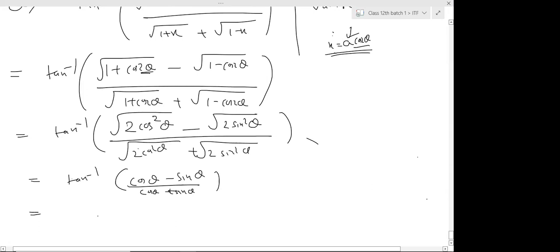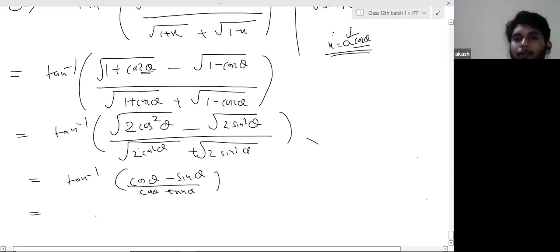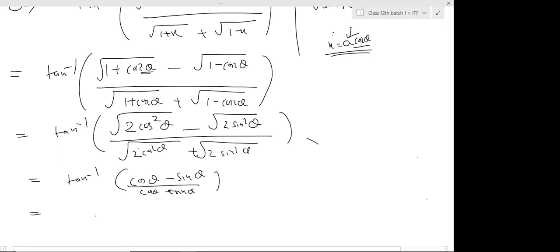Sir, I don't know. I just told you in the previous question also. Whenever you see cos theta minus sine theta upon cos theta plus sine theta or reverse of that, just divide by cos theta, right, Krishna? Yes, sir. Sir, divide what by cos theta?